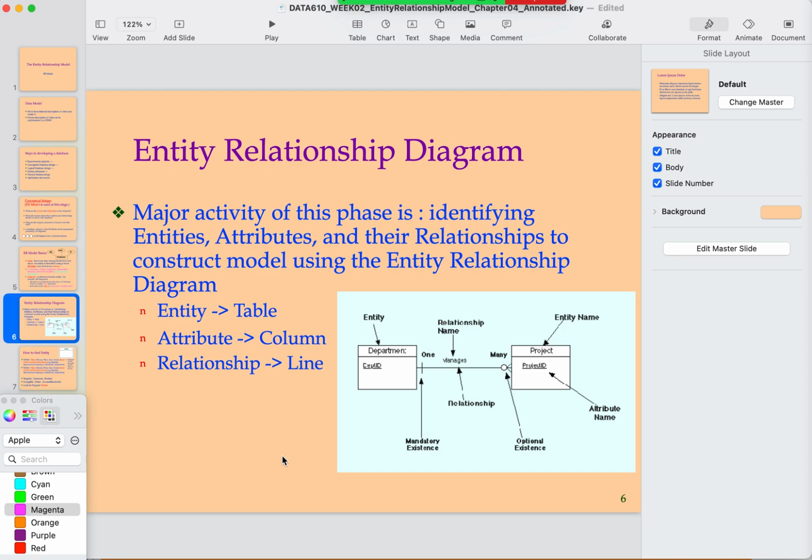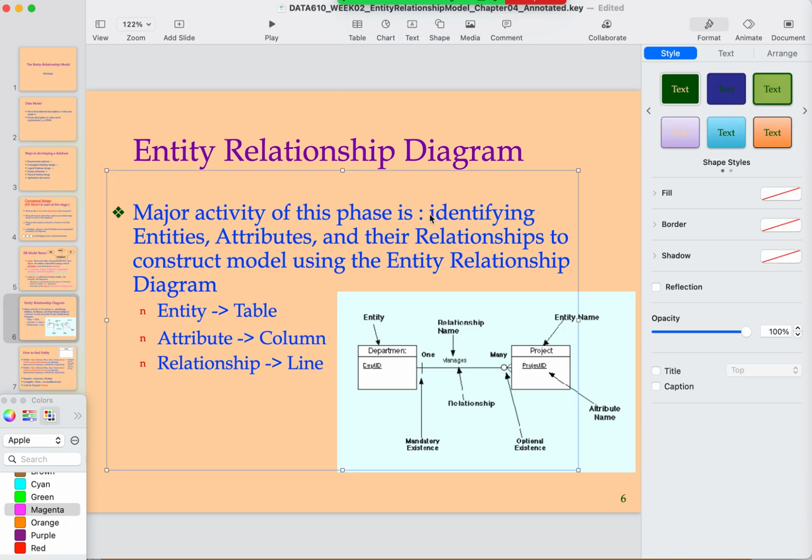So the entity relationship diagram, what does it look like? The major activity that we want to accomplish in this phase is to identify the entities and their relationships, to construct a model, and this model would be called an entity relationship diagram.